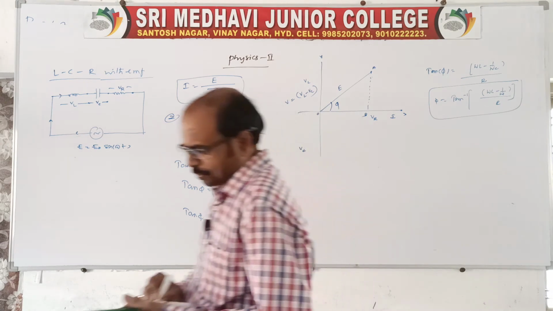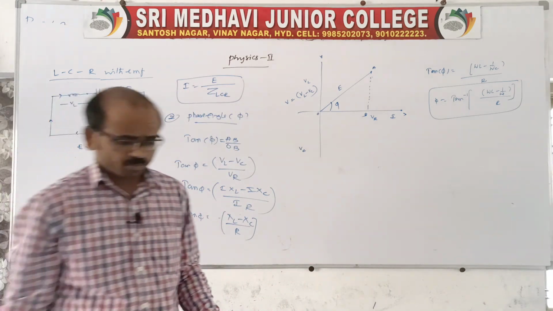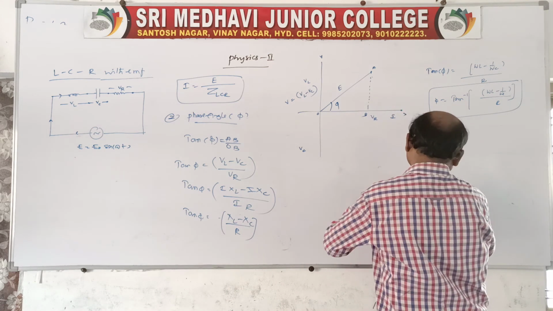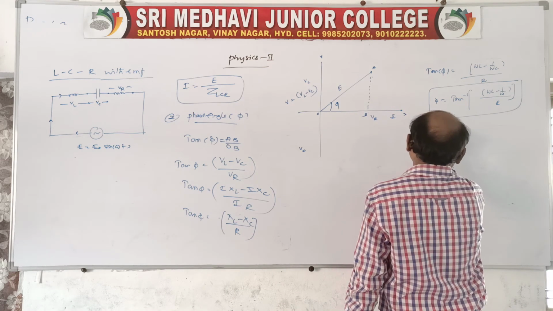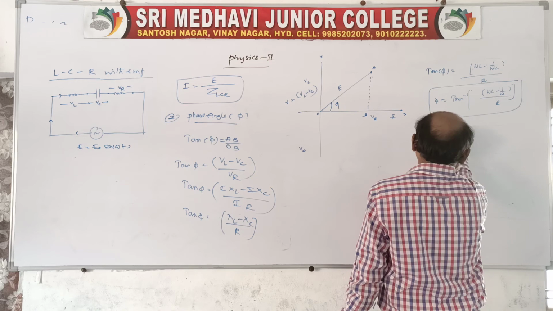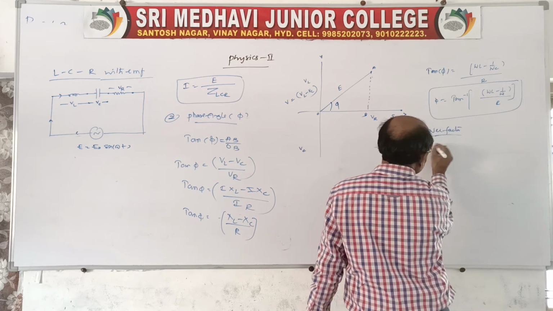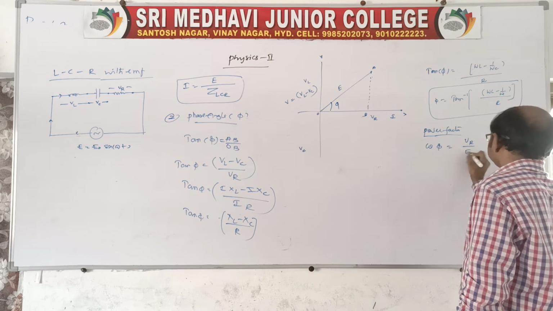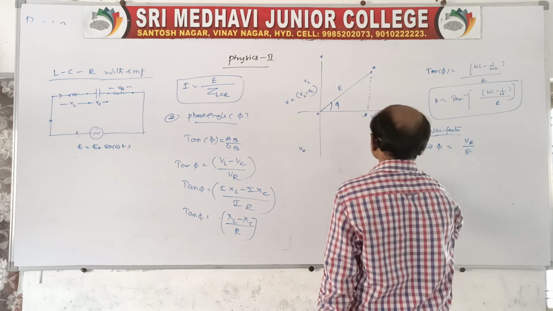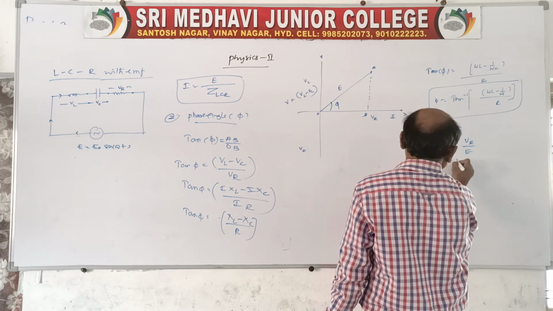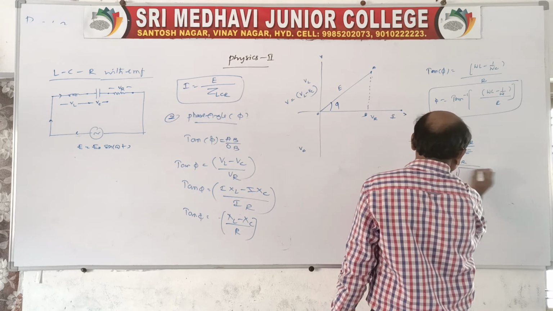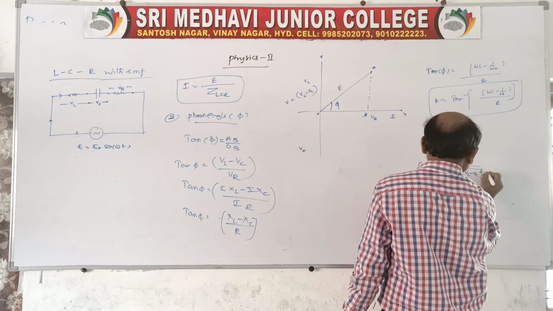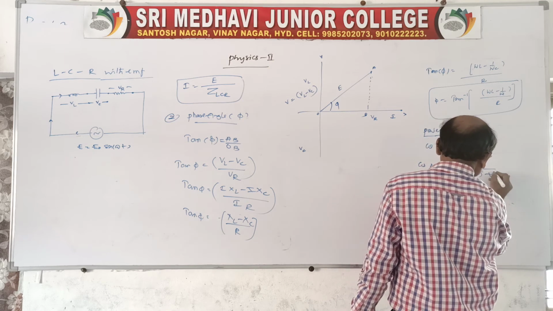Sir, what about power factor and what about the average power? Yes, you take the power factor, that will be what? Cos phi is equal to VR by E. So because of the hypotenuse, cos phi is equal to VR by root over (VL minus VC) whole square plus VR whole square.